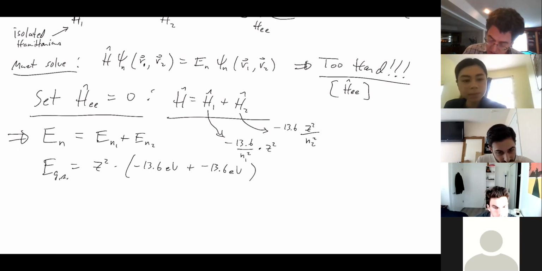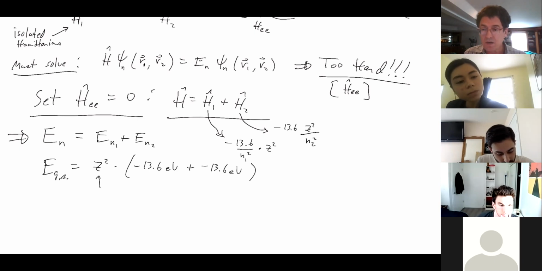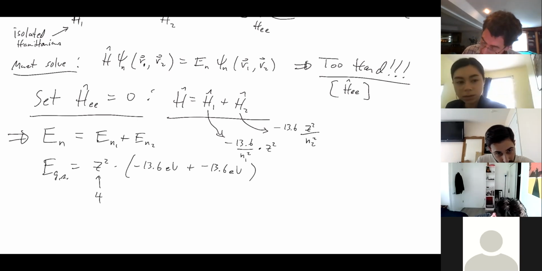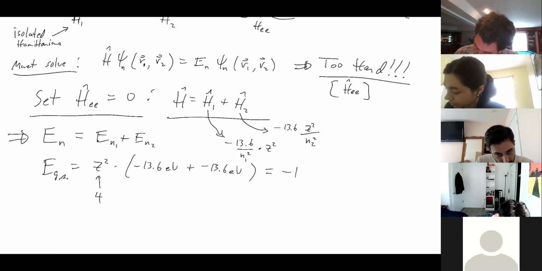And Z squared is what? 4. Right. So you multiply this out and you get a number, and you notice that that number is negative 109.